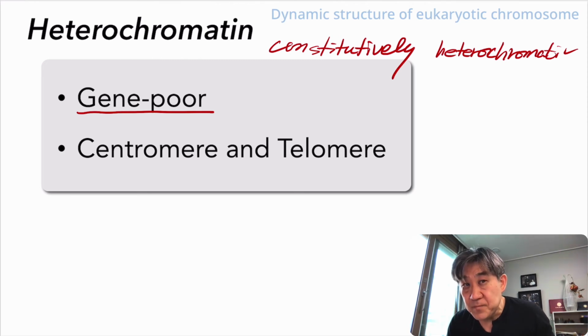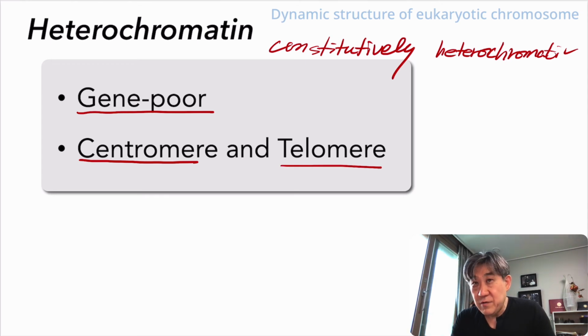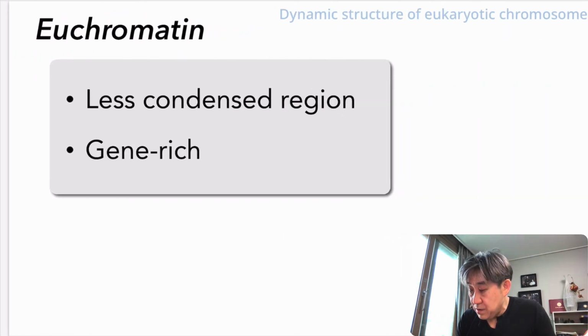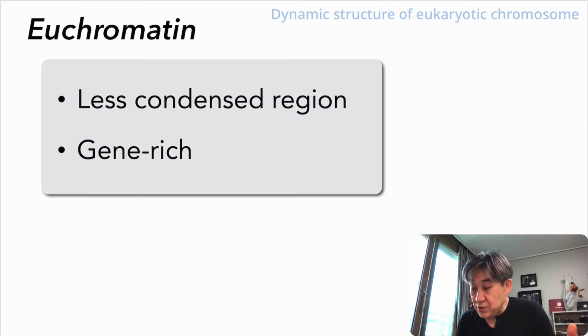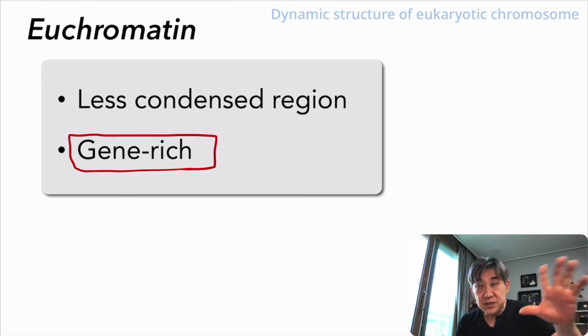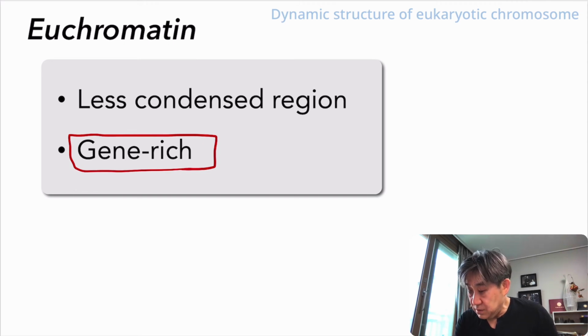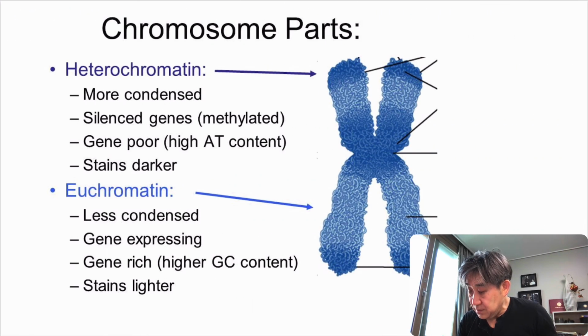You seldom get to see the presence of genes, and as I already mentioned, specific regions, the centromere and the telomeres, are such constitutive heterochromatin areas. On the other hand, euchromatins are rich in genes. Many genes are there, and they are less condensed.